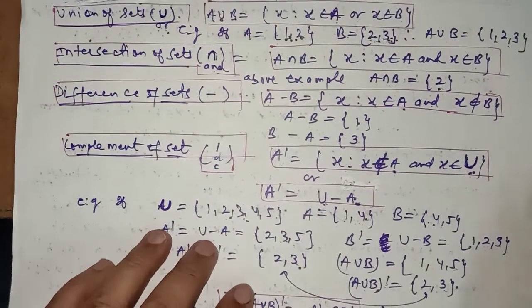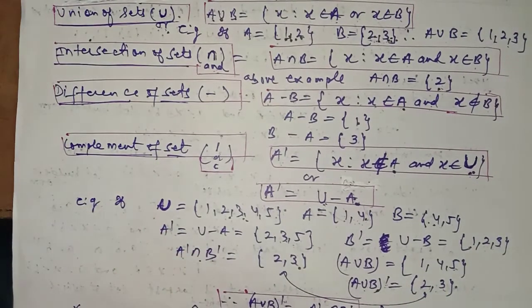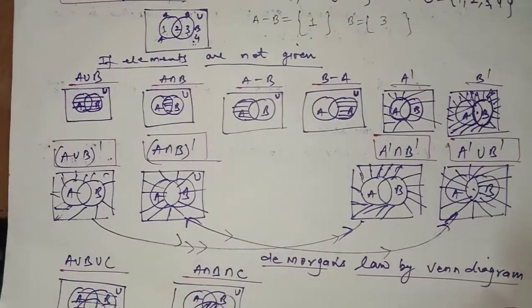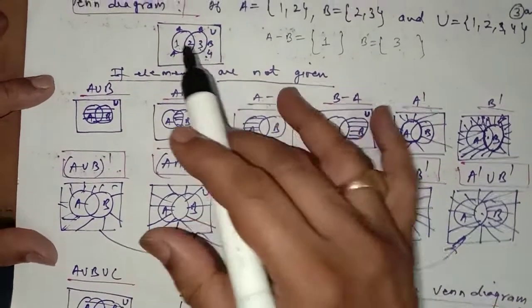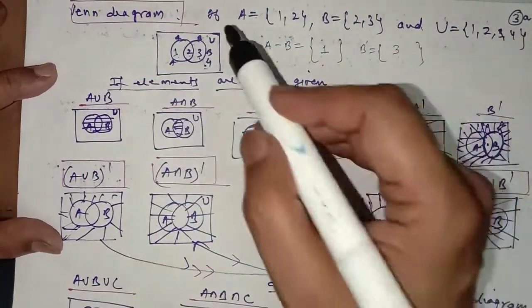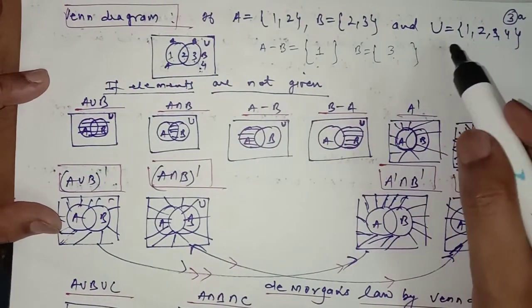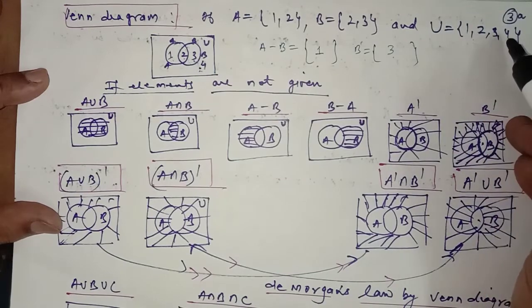After that, we have the Venn diagram. Now, what is a Venn diagram? A Venn diagram is a way of representing elements in circles or rectangles like this. Now, suppose we have the set A containing 1, 2 and the set B containing 2, 3, and the universal set is 1, 2, 3, 4.